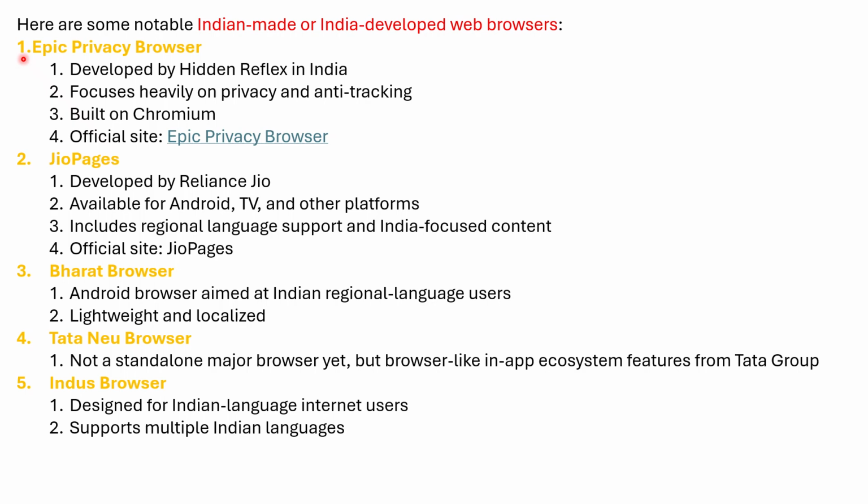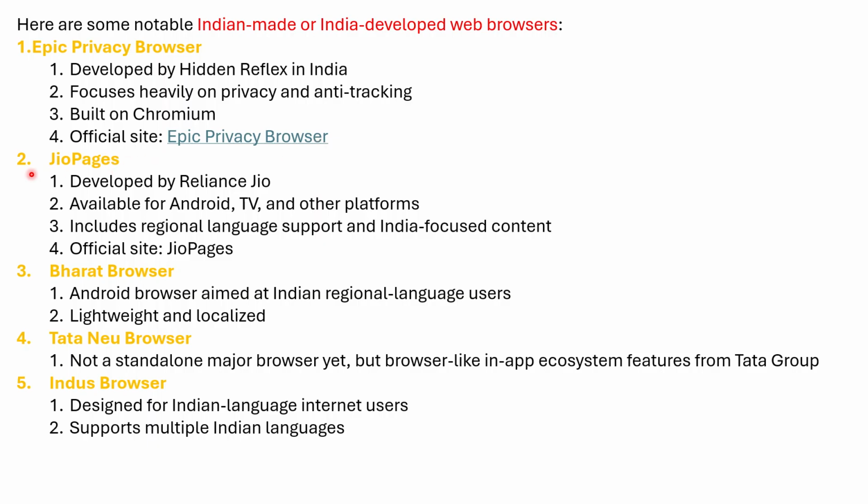First one, Epic Privacy Browser, developed by Hidden Reflex in India, focuses heavily on privacy and anti-tracking. Once again, built on Chromium. The official site is Epic Privacy Browser.